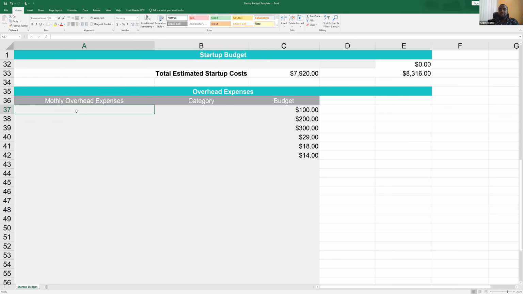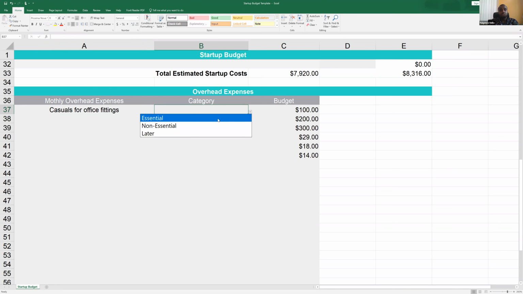You can maybe say, what can we say? Not labor, I don't want to use the word labor at this time. Maybe casuals, for office fittings, right? You can give it the category, it's essential, and you give it the budget.